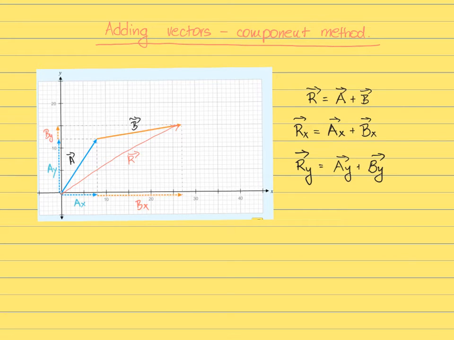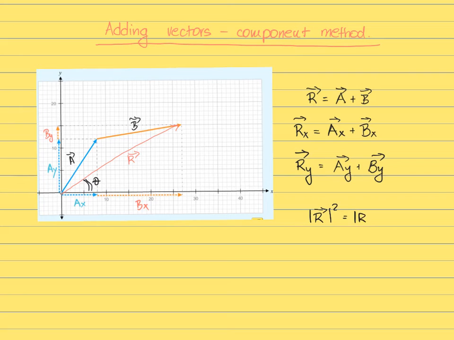Right, so what is nice about this is that now we have a recipe that tells us that for the sum of the vectors, the X component of that sum is the sum of all X components of the vectors, and the Y component the same thing. So we have a very easy way to find the resultant here. If we want to find the magnitude of that resultant, we would use Pythagoras' theorem, and we would use the trigonometric ratio for the angle.